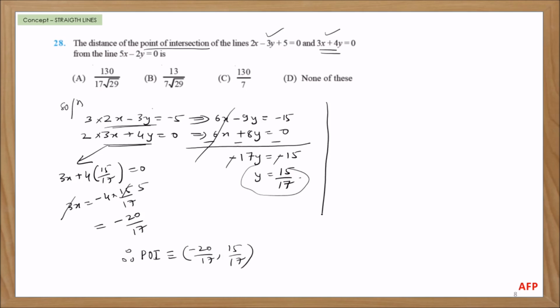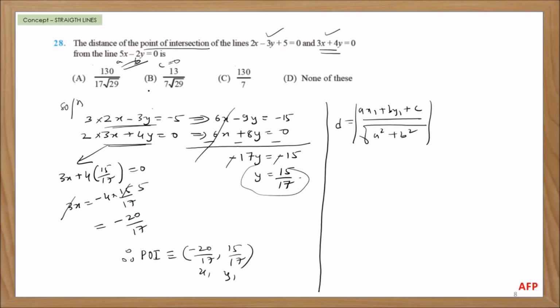So now it's a perpendicular distance from this line. The formula is modulus of ax1 plus by1 plus c divided by square root of a square plus b square. Here it is x1, y1, so here it is a, here it is b. c is 0.